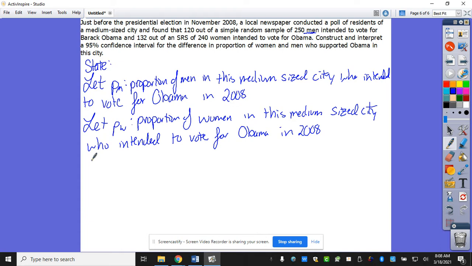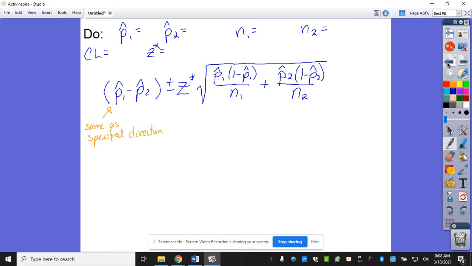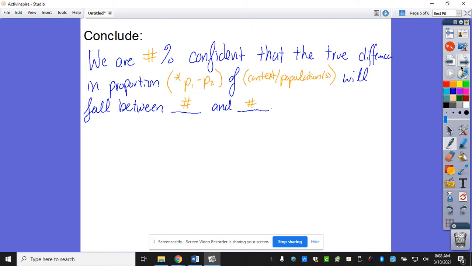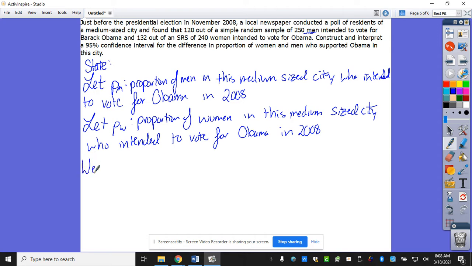And then we go into our plan. I should put these side by side, not plan. So we want to estimate the true difference in proportions.